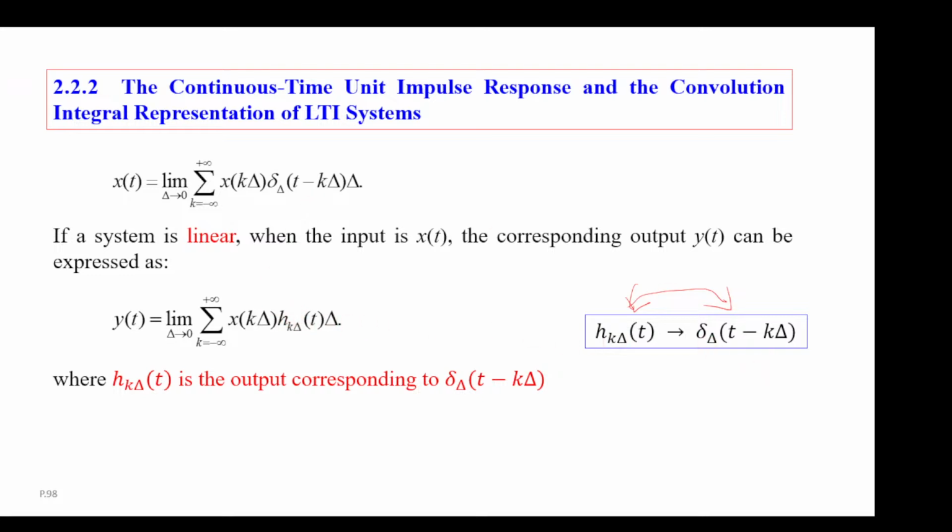Okay, so this thing goes through a system, becomes this h sub k triangle of t, and this small triangle can be thought of as part of the coefficient with this x of k triangle. So this is a linear combination, and the only function part is this time shifted delta sub triangle, and it gets some corresponding response function.